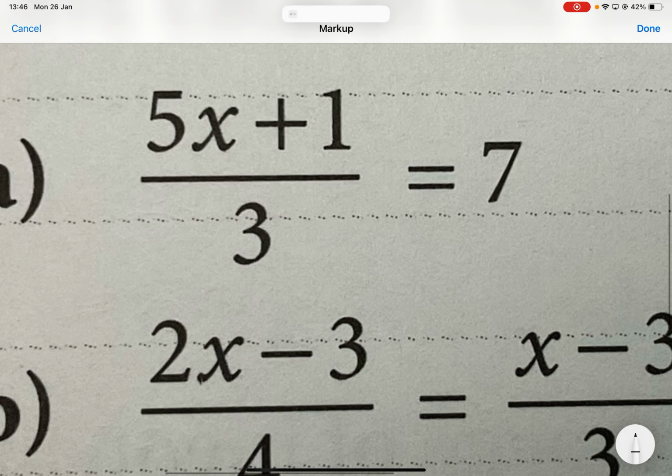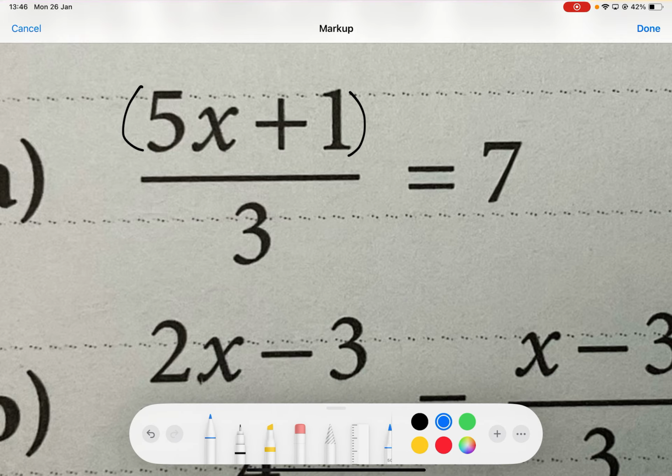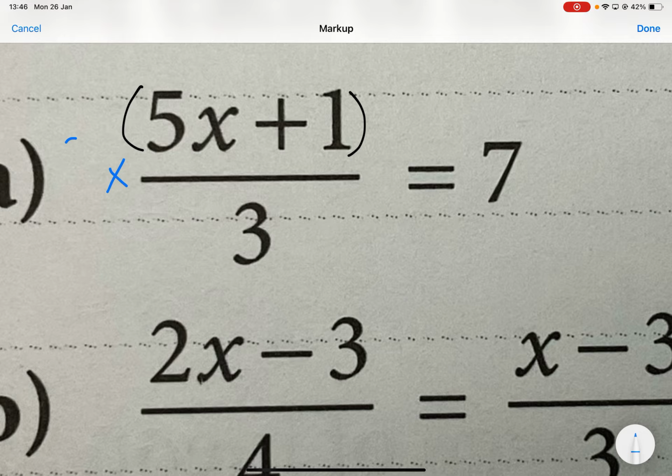I start with this fraction. So, I put a bracket first. Then I must be thinking, I don't want a fraction. If I don't want a fraction, I need to multiply by the denominator so that it can cancel away the denominator. Because I multiply this, I need to multiply the same thing.